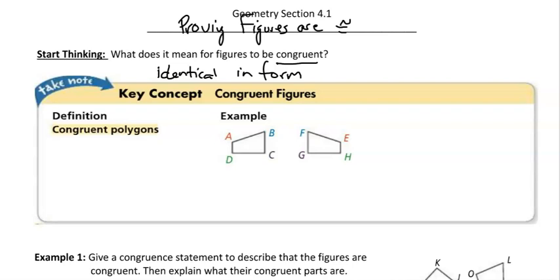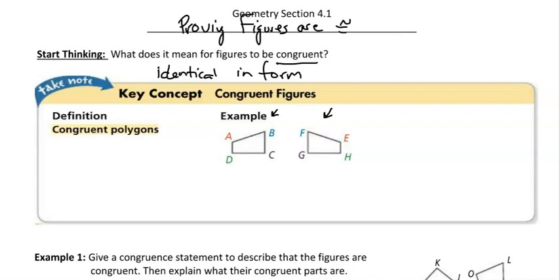So even though these two figures that we have here, this figure and this figure over here, are flipped, they are still congruent, okay? They could also be different colors and they would still be congruent. They have to be identical in form, not identical in color or in orientation.